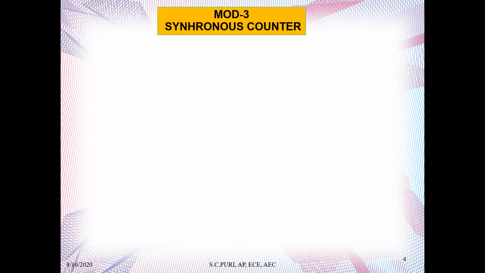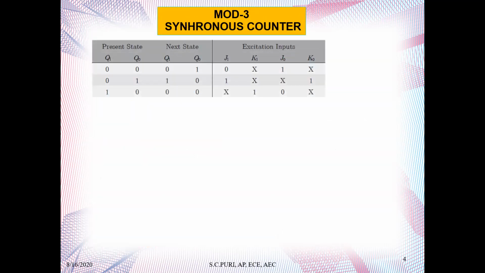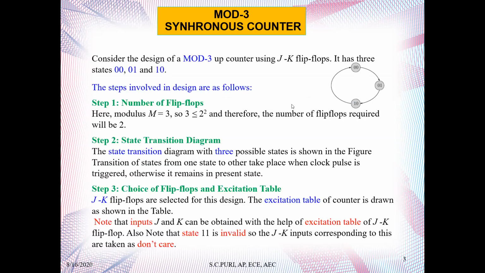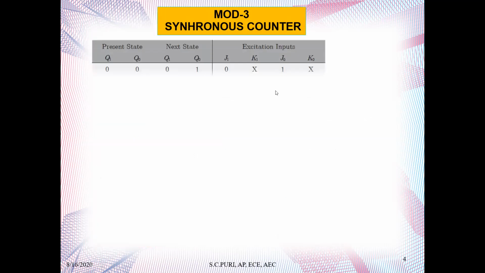So let us go to the table finally. You carefully look at this table. This is the present state, 0 0, and it is a mod 3 counter operation. The next state is 0 1. Then if the present state is 0 1, in the next clock it will be 1 0.